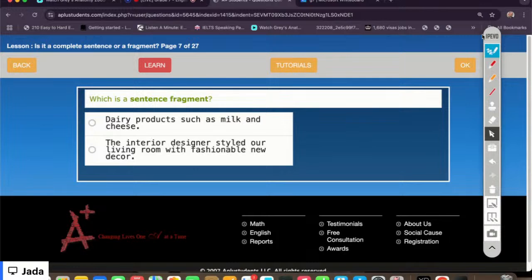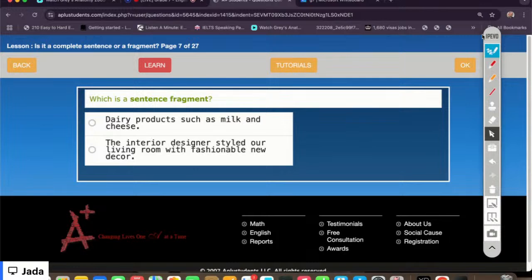Alright, so dairy products such as milk and cheese. The interior designer styled our living room with fashionable new decor.